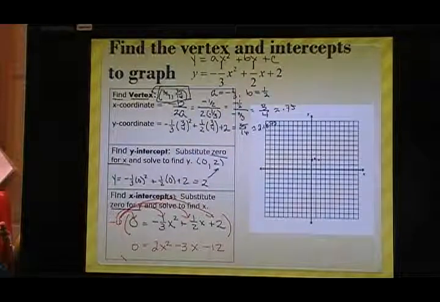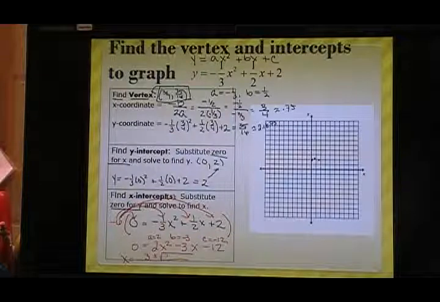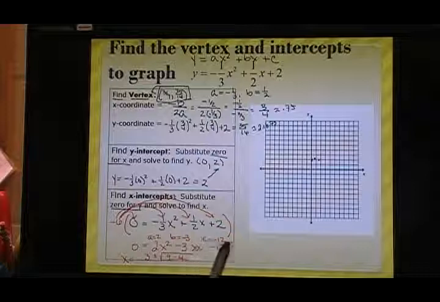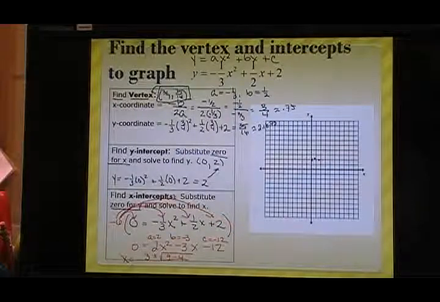So x equals, so we have a being 2, b is -3, c is -12. So the opposite of b, +3, plus or minus the square root, b squared is 9, minus 4 times 2 times -12, that's -24, all over 2 times 2, which is 4.